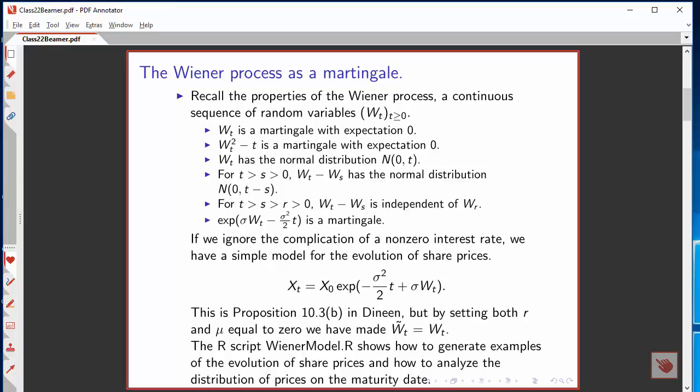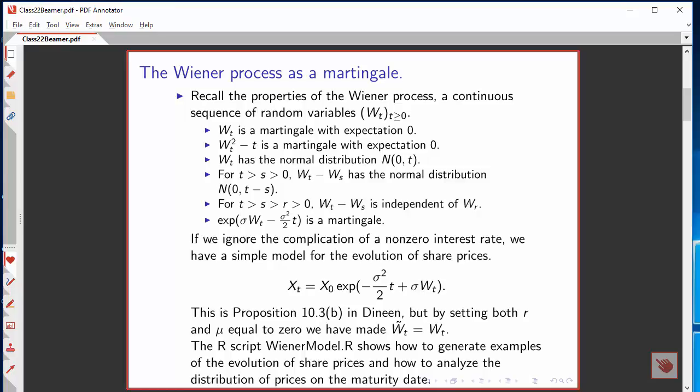So let me remind you about the Wiener process, which is basically a sort of continuous limit of a random walk with steps of plus or minus 1, each with equal probability. This, as you recall, is a martingale whose expectation is 0. Curiously, its square minus t is also a martingale with expectation 0.